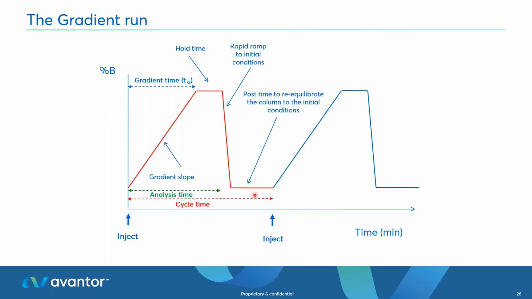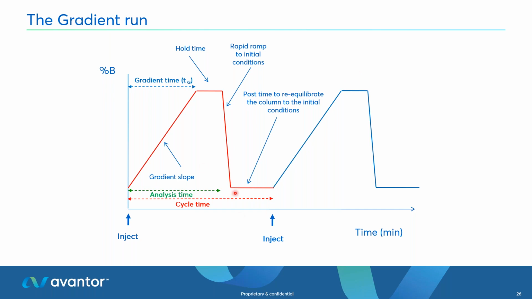And what that section does is it gets everything back to the starting conditions. What we need to be wary of in our gradient methods is that we make sure that post time is long enough, because we need all of our conditions to be back to the start before we have our next injection, our next 5 to 95.